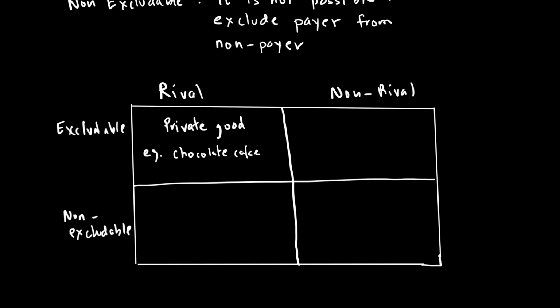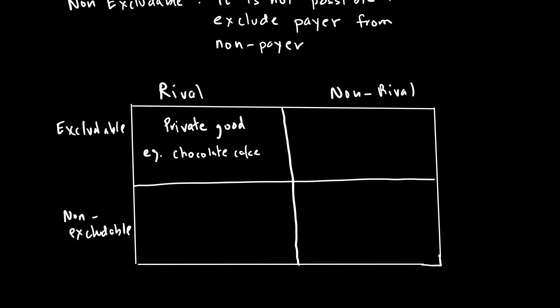Why? Because rival means consumption by one person will leave less for another. A chocolate cake reduces in size if one person consumes it. It's also excludable because whoever pays for it will get the good. So a good that is both rival and excludable is a private good.